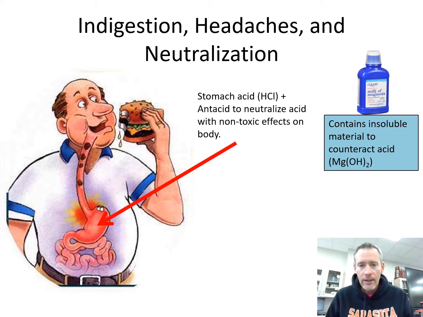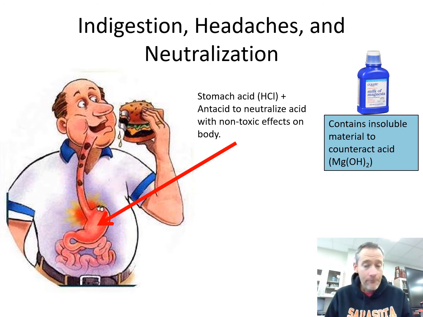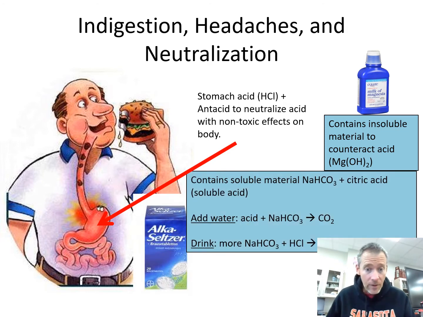Some are liquid, like milk of magnesia, which is magnesium hydroxide. Some are tablets, like Alka-Seltzer or Tums, that have sodium bicarbonate or baking soda, basically, and some soluble acid like citric acid.